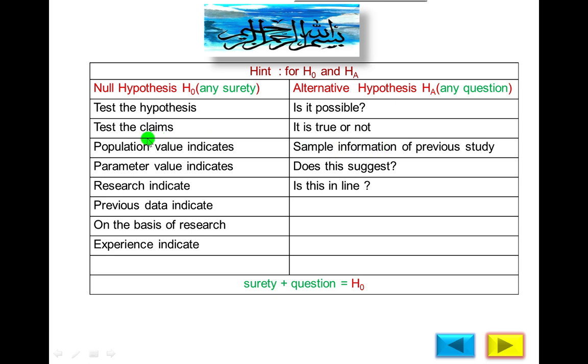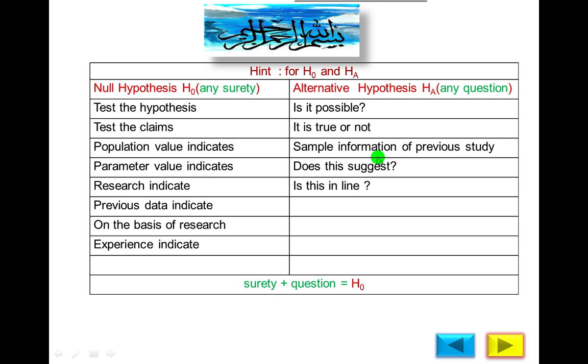If this is given, known, you can write the alternate. If alternate is known, you can write the null hypothesis. If both are known, we will decide which condition represents null hypothesis and which condition represents the alternate hypothesis. If both are unknown, we take equal to or not equal to.